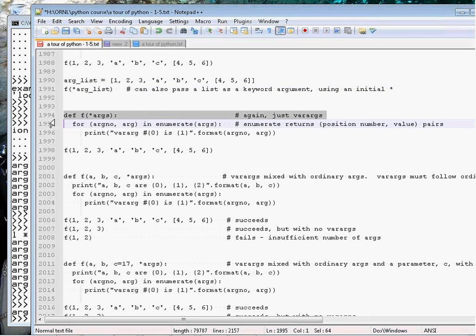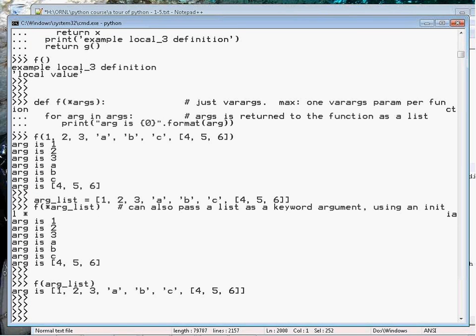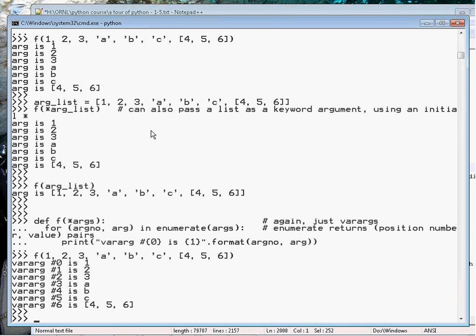The difference between this example and the last example is I'm using enumerate to make it a little bit cleaner. And that shows the difference between using star with the list, listing your stuff out, and simply passing the list.